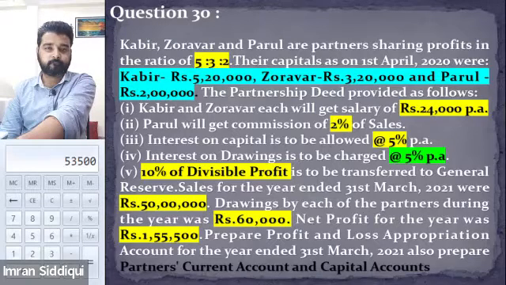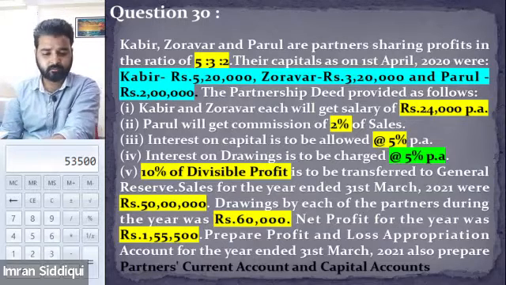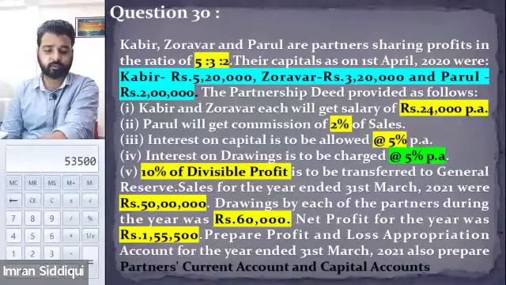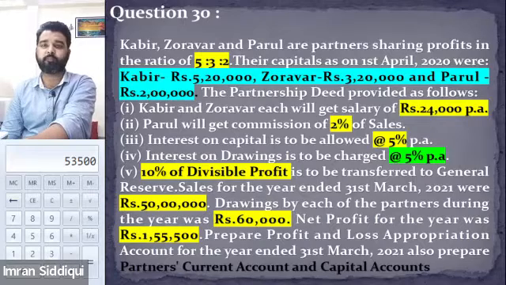We add the net profit and the interest on drawing and then subtract the values on the debit. Correct. Net profit 1,55,500 plus interest on drawing. Interest on drawing is 4,500.